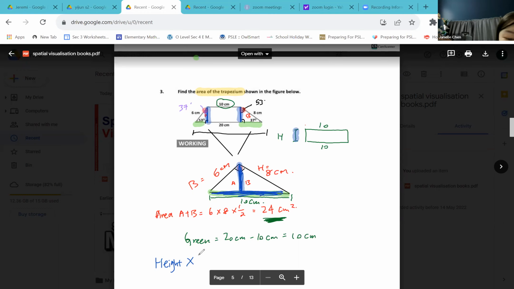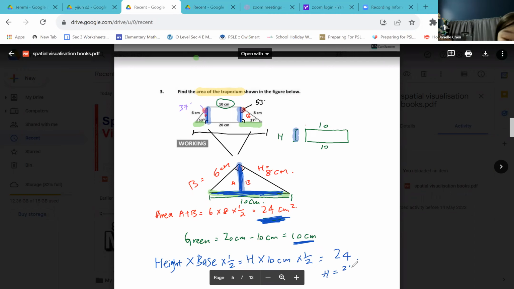So we just found our base, and then times half. So my height is still unknown. My base, I just managed to find it, which is here, the 10 cm. And I'm going to multiply by half. And we also have our area of A and B already, which is found right here, which is our 24. With that said, I think I can find my height quite easily.